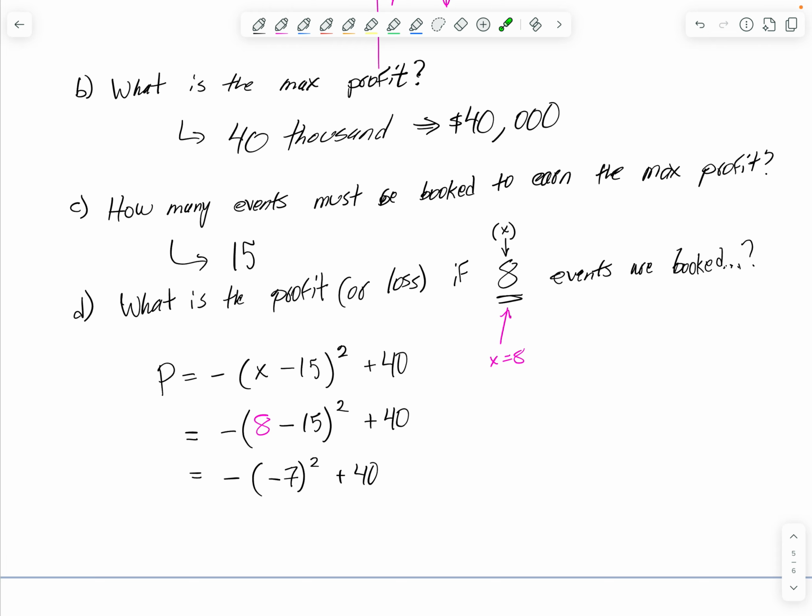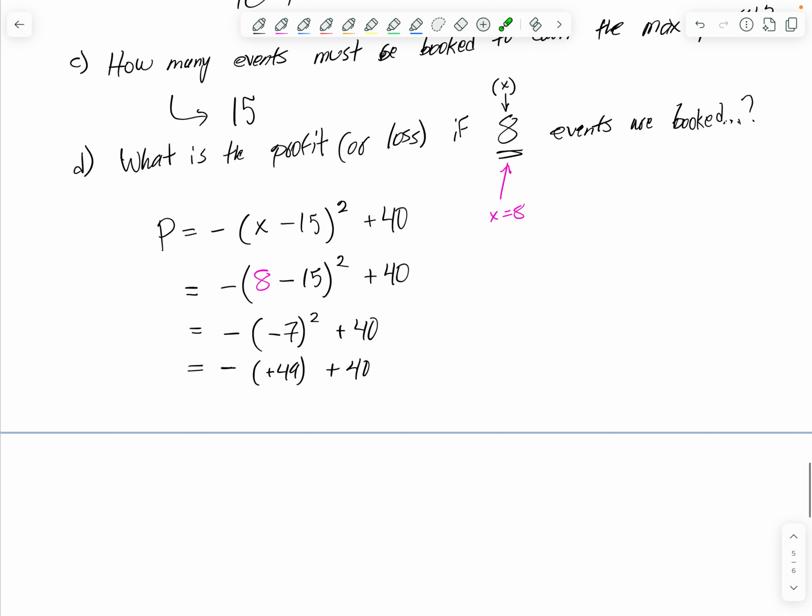A lot of you might accidentally think the negative is going to make it a positive, and that's true, but I can't multiply first because there's an exponent. I have to do this first. So negative 7 times negative 7 is positive 49. Then you can multiply by the negative to get negative 49 plus 40. And for the final answer, the profit would equal negative 9.